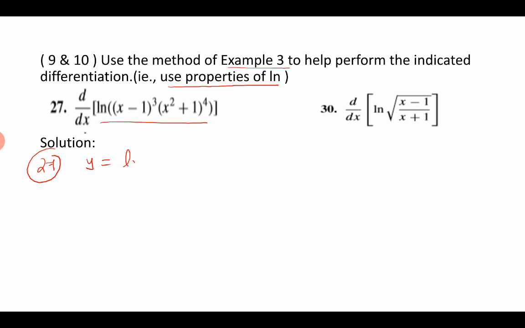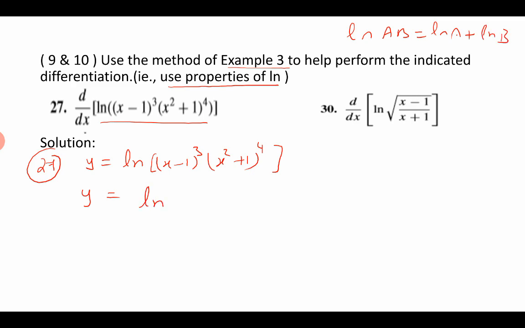What is it? ln of (x minus 1) whole cube times (x square plus 1) to the power 4, isn't it? Now the ln of a product: there is a rule, ln ab is equal to ln a plus ln b. So we can write ln (x minus 1) whole cube plus ln (x square plus 1) to the power 4, and then again the power rule.